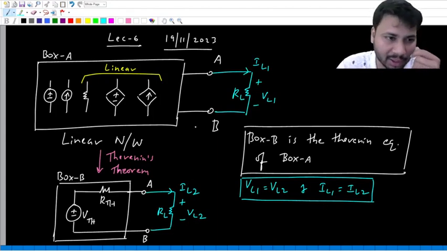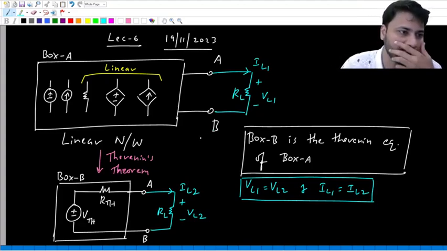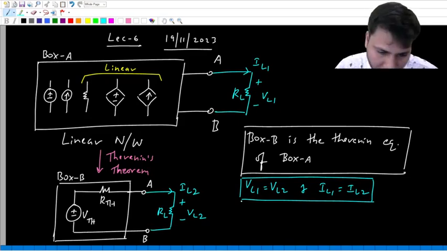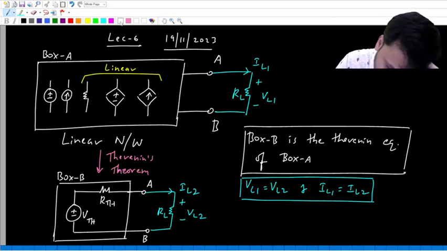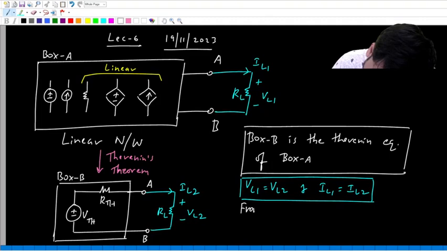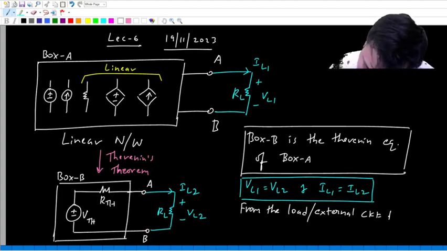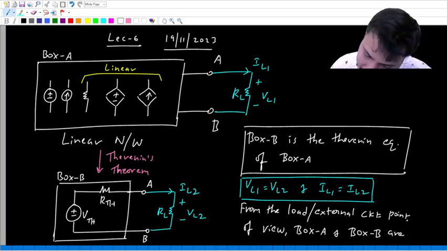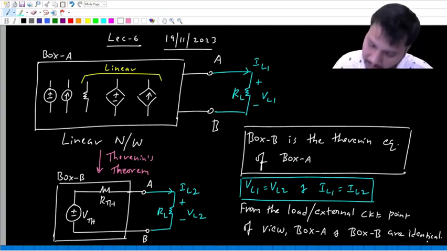So what should you say? You should say from the load, or external circuit, point of view, Box A and Box B are identical.